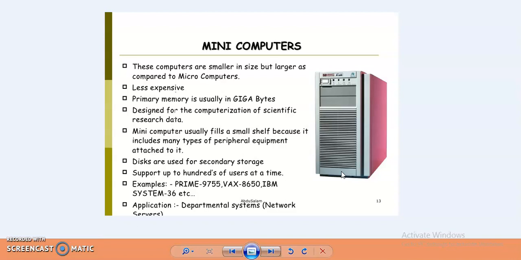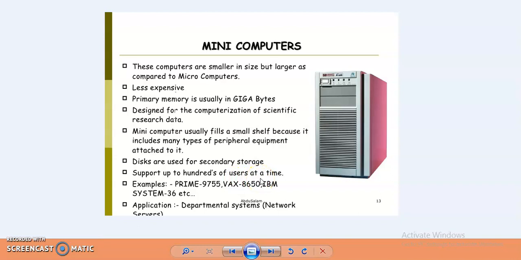So these are used for research work, not documentation purposes as we use microcomputers for. A mini computer usually fills a small shelf because it includes many types of peripheral equipment attached to it. Disks are used for secondary storage, and it supports up to hundreds of users at a time.